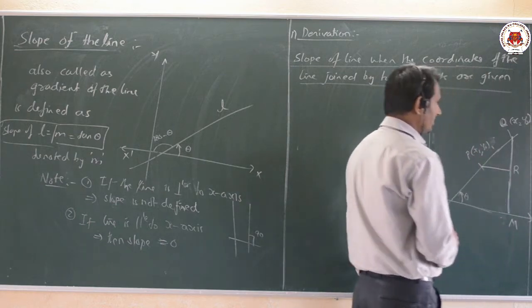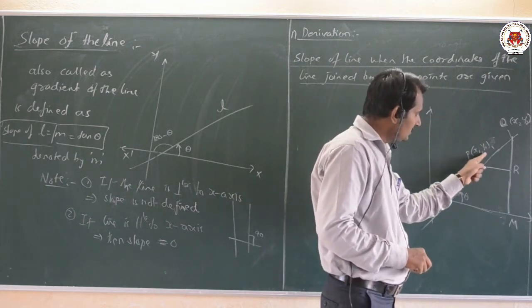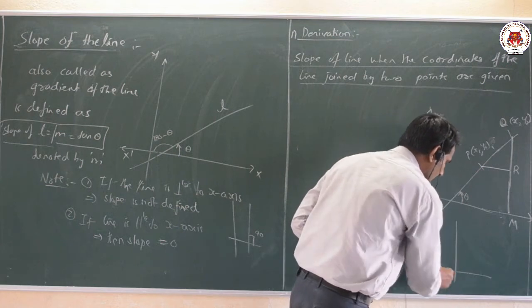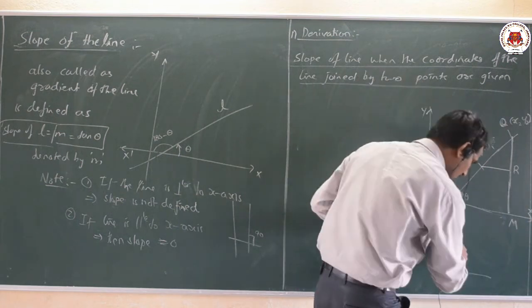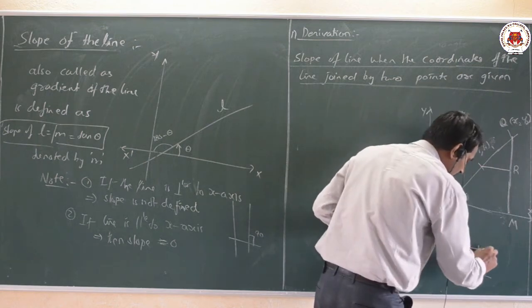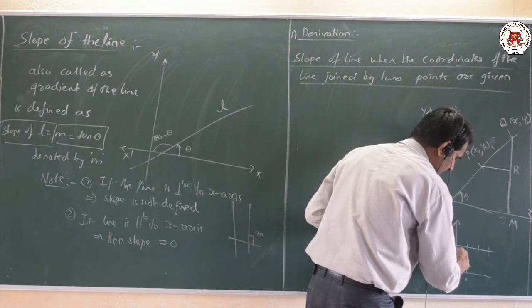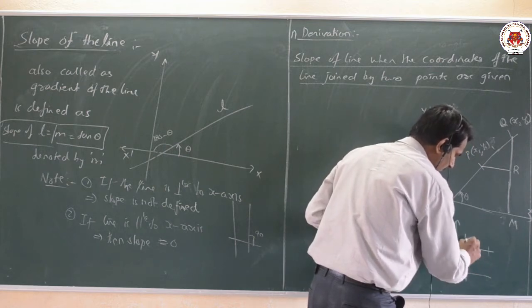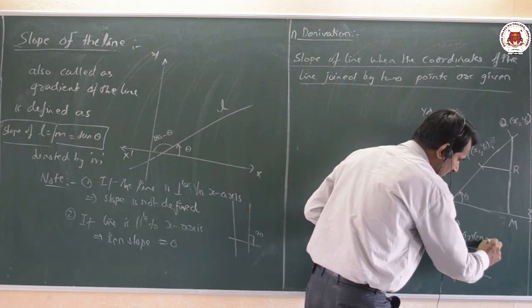Now here, whenever we have an x axis and a y axis, if I draw a line parallel to the x axis, all the y values will be the same. That means if one coordinate is 1, 2 here, for this particular line it will be 2, 2 and then 3, 2.